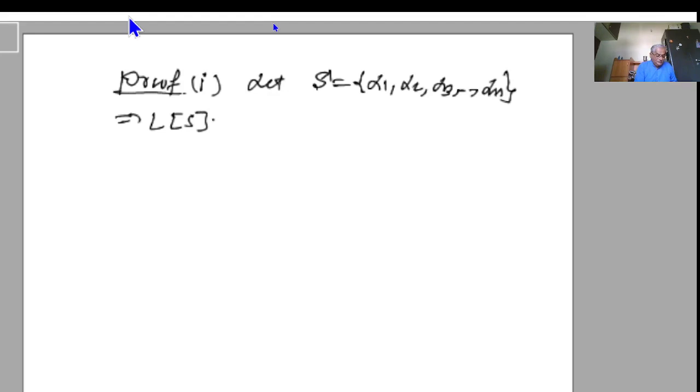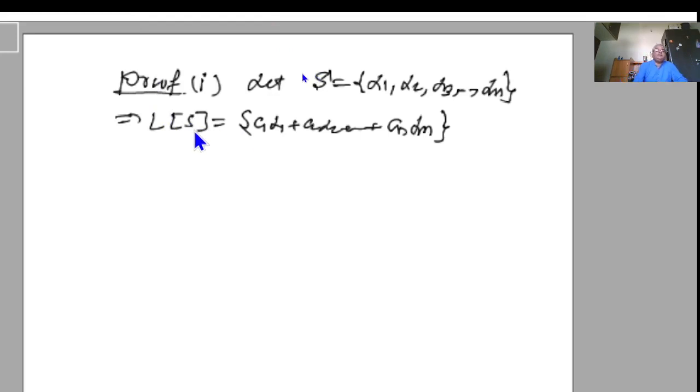L of S is nothing but, say, C1 alpha 1 plus C2 alpha 2 plus up to Cn alpha n. This is the linear span. I have to show that this L of S is a subspace of V. To prove that a subset is a subspace of V, we have to prove that two conditions are satisfied.